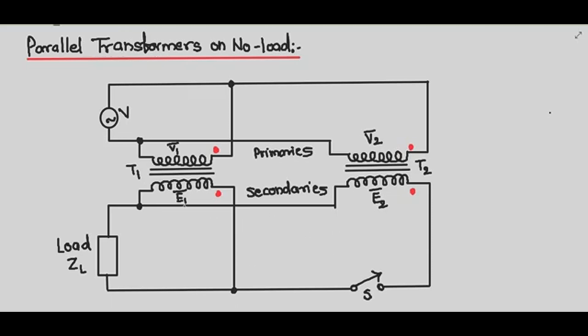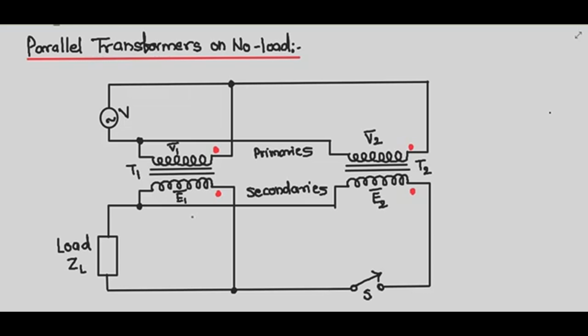The circulating current also depends upon the total leakage impedance of the two transformers. Dear friends, in order to control the circulating current, the voltage ratios of the transformers should be almost equal. We can tolerate only a small difference in voltage ratios, and this is one of the most important conditions that must be satisfied for parallel operation of the transformers.